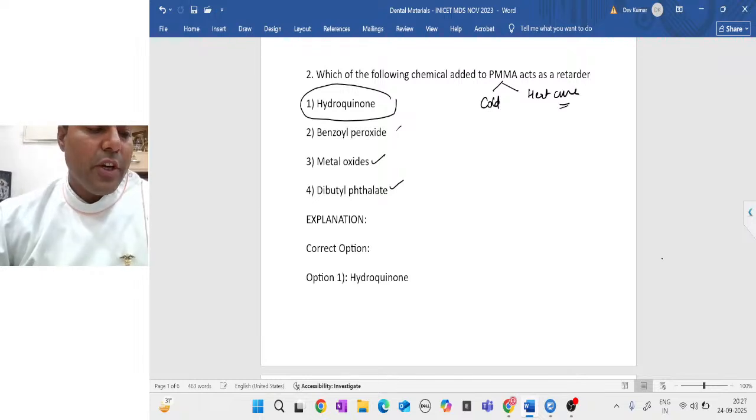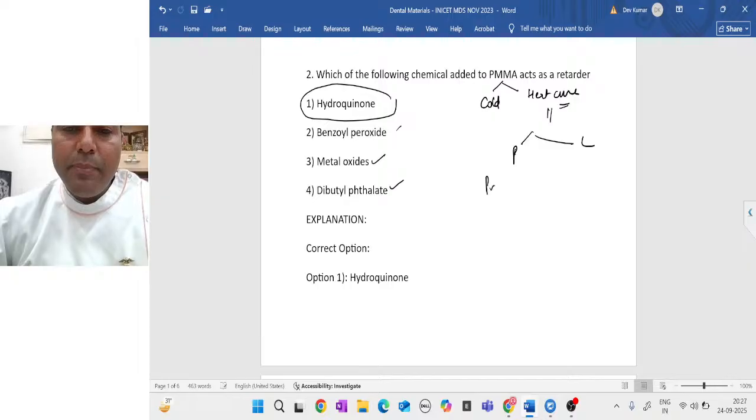Okay, so for example, in the heat cure resin, we have the powder and we have the liquid. The powder contains the pre-polymerized PMMA beads. It contains an initiator in the form of benzoyl peroxide. So benzoyl peroxide mainly acts as an initiator in heat cure.